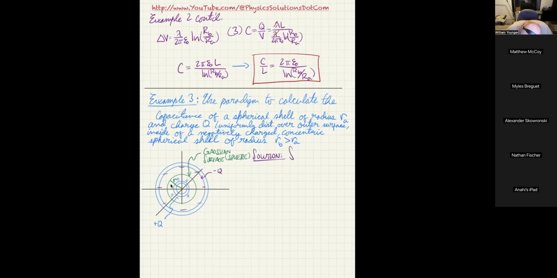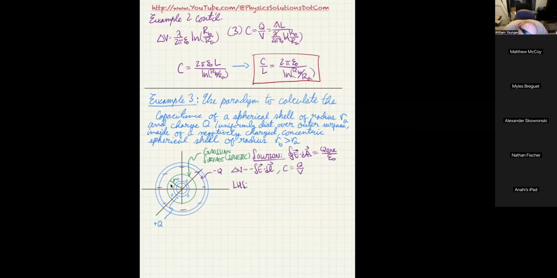All right, now solution. Again, we need those same things. The closed integral E dot dA equals Q enclosed over epsilon naught. Delta V equals the negative integral E dot dl, and C is equal to Q over V. Now I'm going to take the left-hand side of Gauss's law.